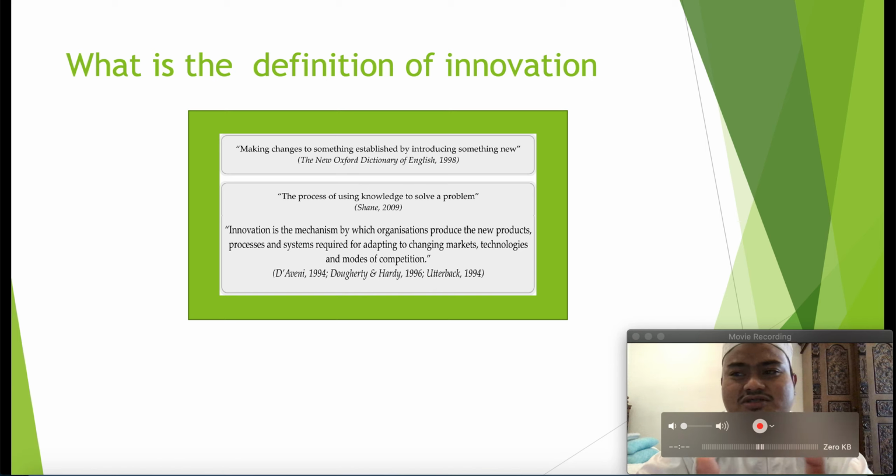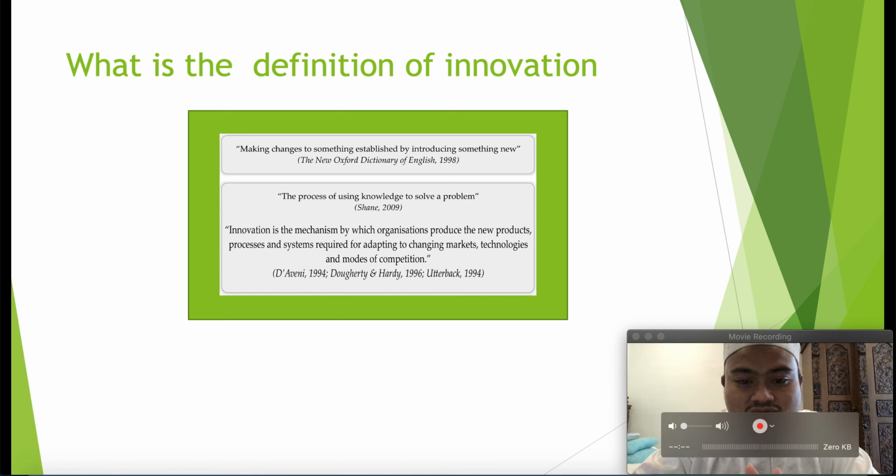Sometimes the system that we use is too old. Sometimes it's easy to get trouble or robbery from third parties. I mean we need to change or use innovation, to use the new system, or to develop the new process, the new system, a new product.